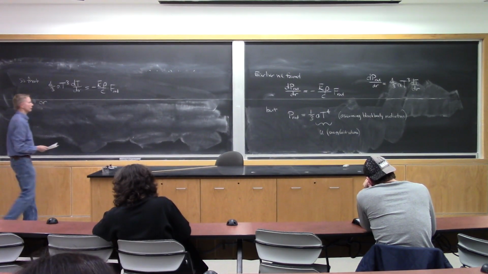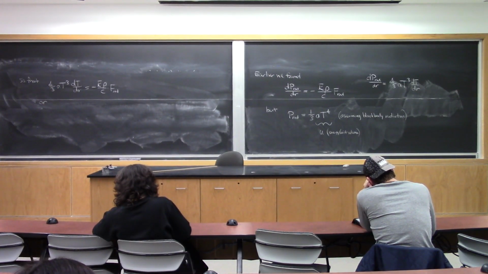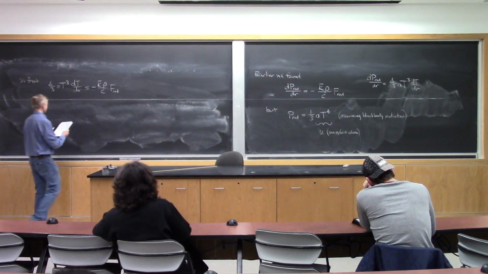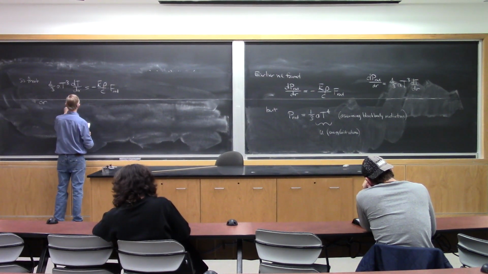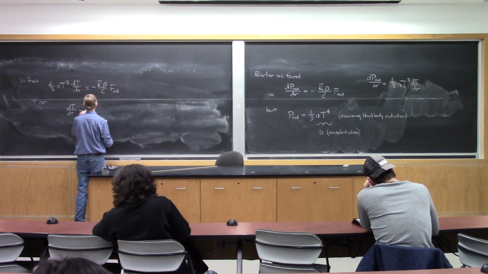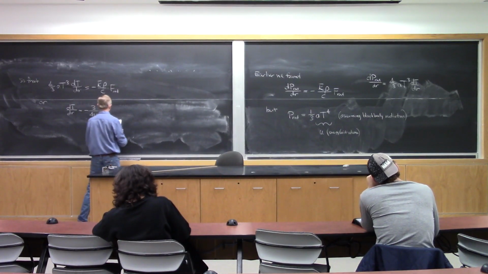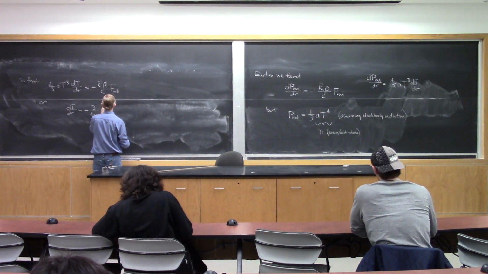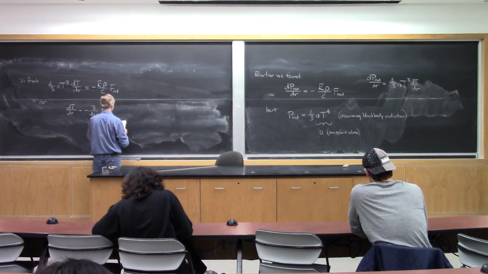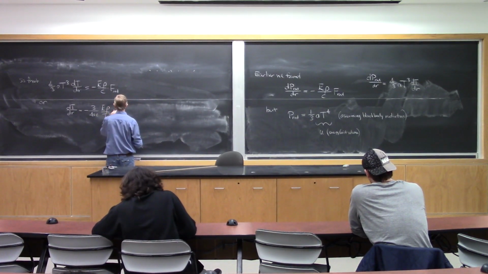So now just solve for dT/dr. dT/dr is thus minus 3 over 4ac times kappa bar rho over T cubed times F_rad.